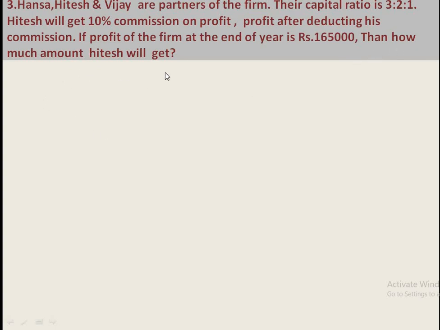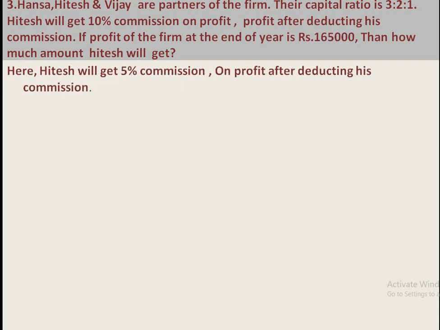Yes, of course, same like previous sum. Here Hitesh will get two amounts from the firm. First, he is entitled to get commission. And also he is a partner, so he will get his profit share out of divisible profit. So very first let me find his commission. But same like previous sum, Hitesh will get 5% commission, but on which profit? Profit after deducting his commission.